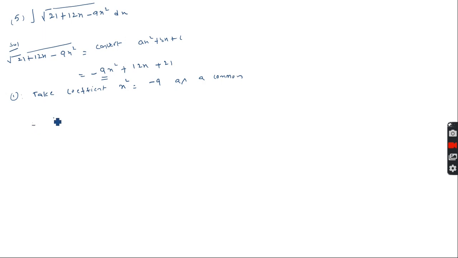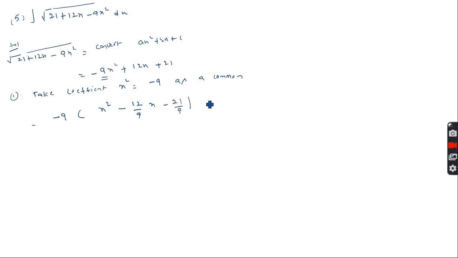Therefore it can be written as minus 9 into x square minus 12 by 9 into x minus 21 by 9.